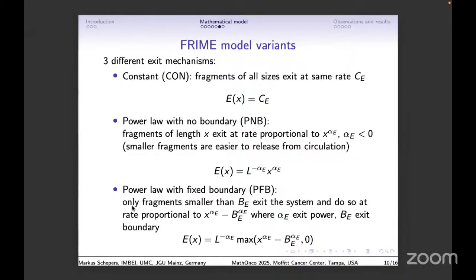The easiest conceptually would be constant, so it would be ignorant of the fragment length, just any fragment would be drawn and removed. Maybe more natural biologically would be a power law, meaning that longer fragments are cleared more slowly, and power law with a fixed boundary, so they're only cleared up to a certain threshold BE, and beyond that, the exit rate is 0.